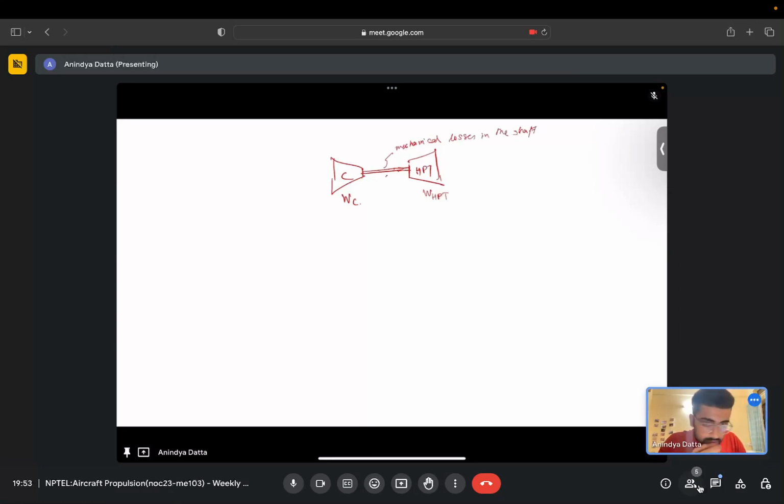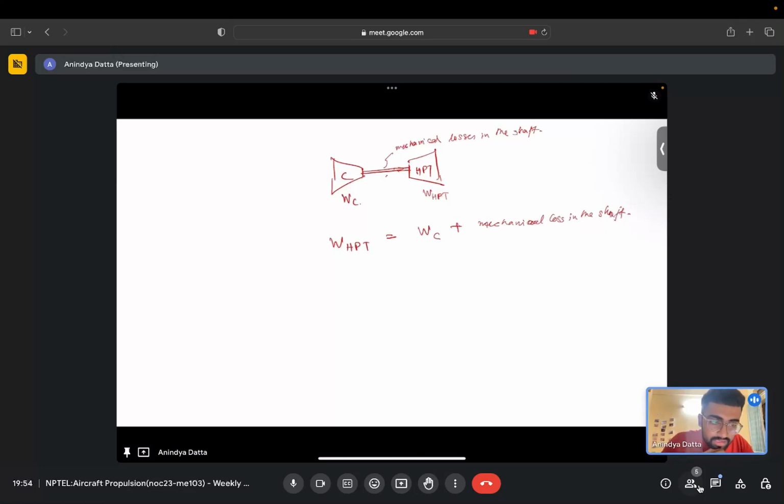The work done by the high pressure turbine should be equal to the work required by the compressor plus the mechanical losses in the shaft. So the work output from the high pressure turbine has to be slightly more than what is required to drive the compressor.